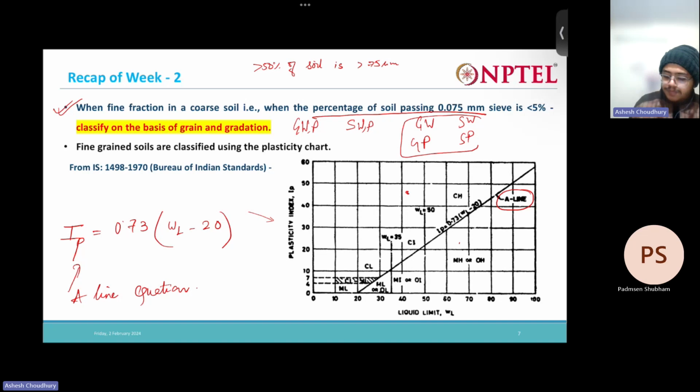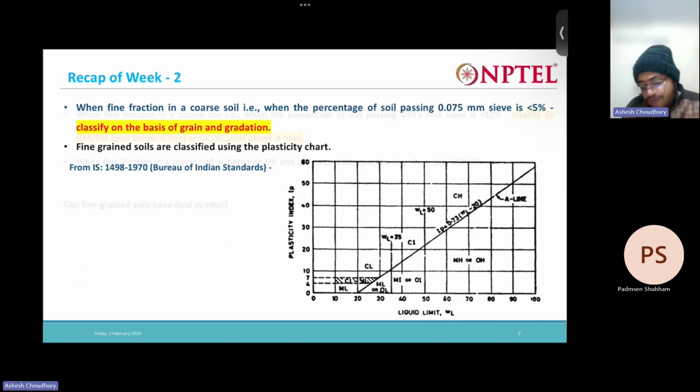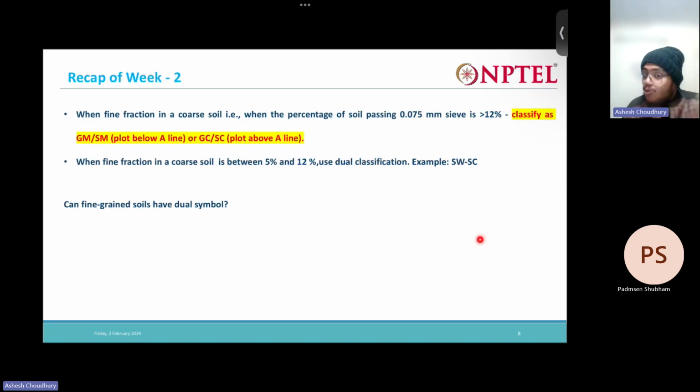These are the probable. Now, if the fine fraction in a coarse soil is greater than 12%, then instead of well graded and poorly graded, W and P, the gradation, we use the fine particle nomenclature. That is, it can be either clayey gravel or silty gravel, clayey sand or silty sand.